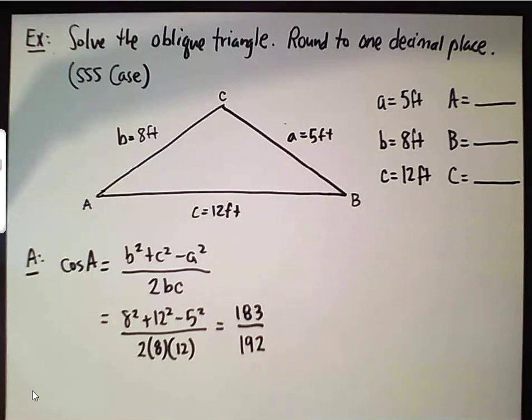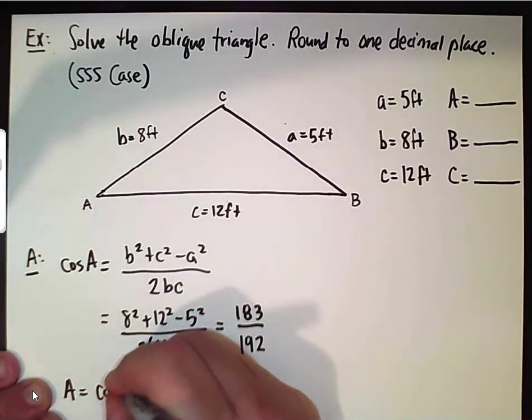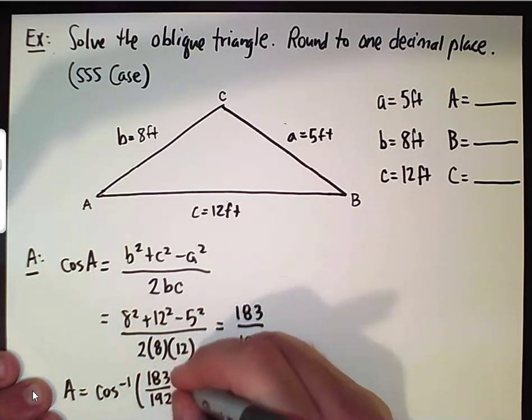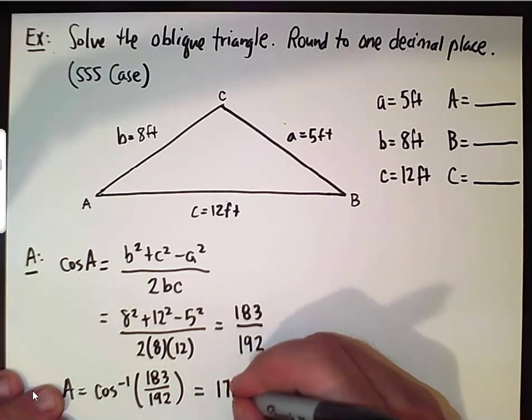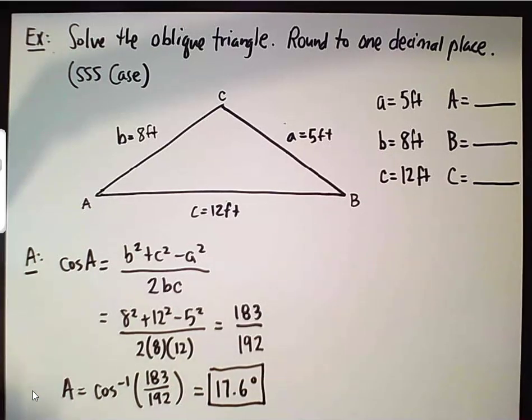So cosine of A is 183 over 192, so that means that angle A is equal to the inverse cosine of 183 over 192. So second cosine, 183 over 192. Hit enter, and I get angle A rounded to 1 decimal place is 17.6 degrees.